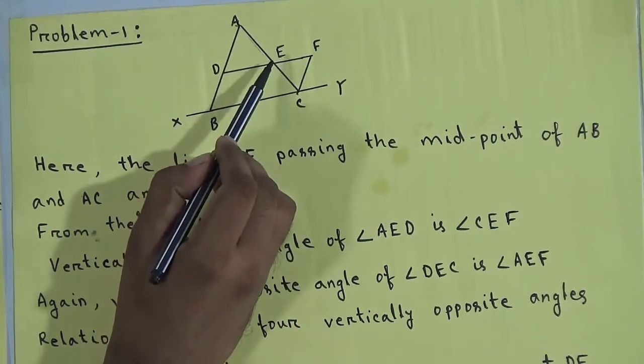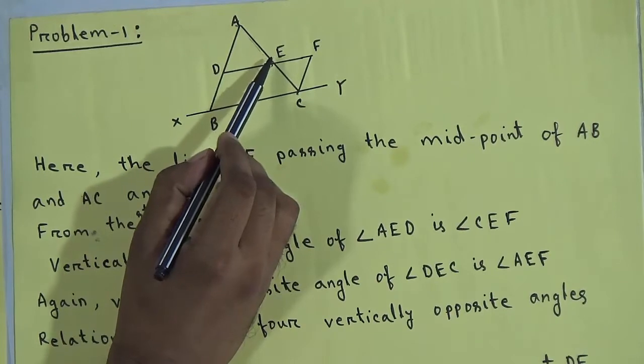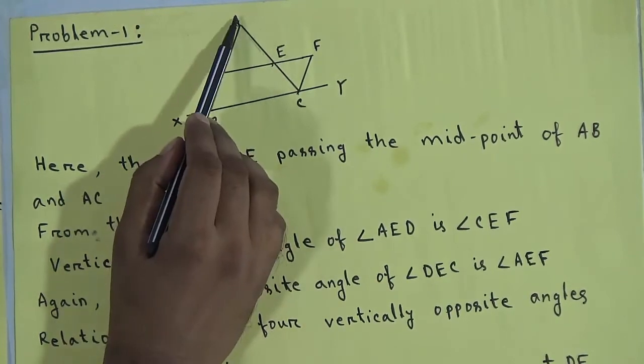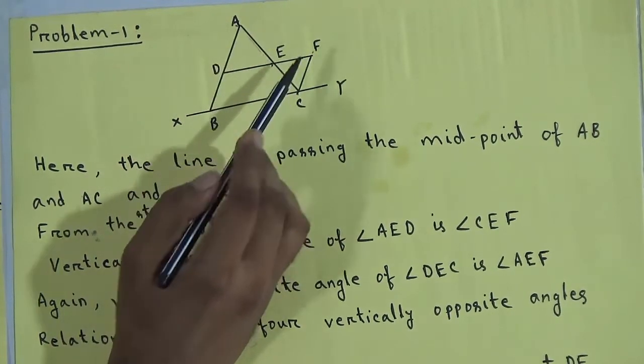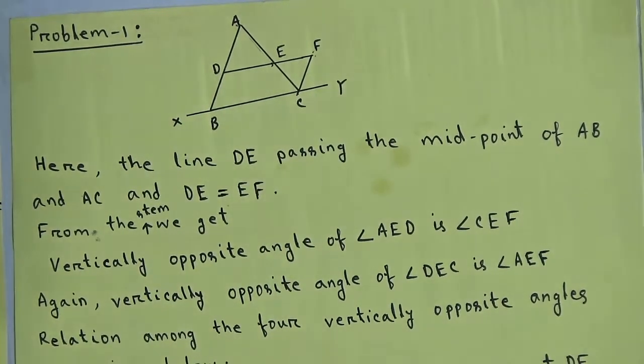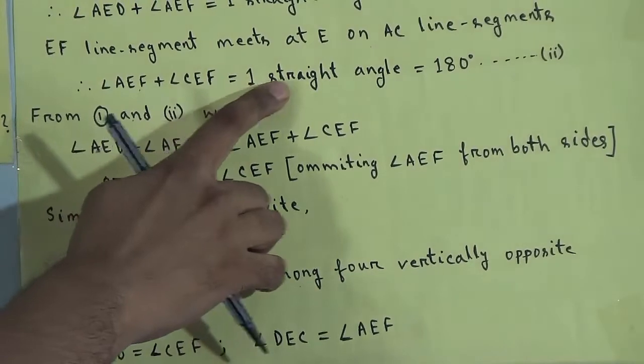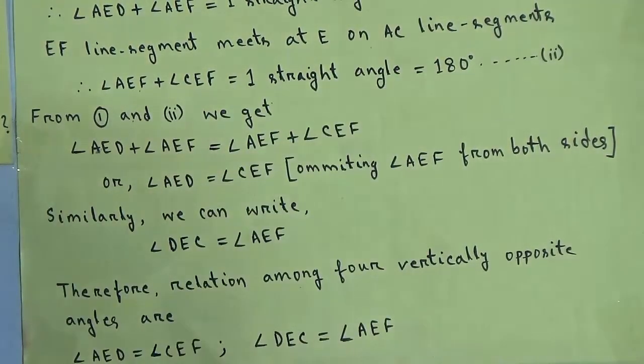And the sum of these two angles will be another straight angle, that means 180 degrees. So we can write AEF plus CEF equal to 180 degrees, and I have written it. Angle AEF plus angle CEF equal to one straight angle equal to 180 degrees.